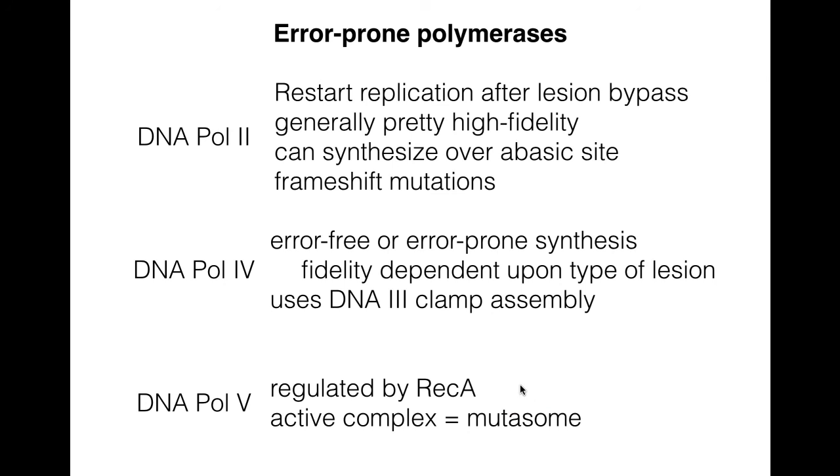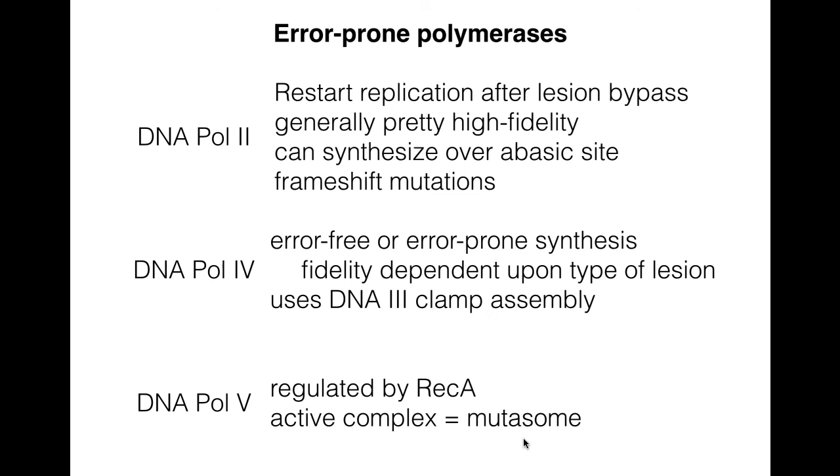And finally, we've got DNA polymerase 5, which is directly regulated by RecA, as we showed before. It's not only that its transcription is regulated by RecA and LexA, as in DNA polymerase 4 and 2, but RecA is going to play a role in the actual activation of the DNA polymerase 5 complex, which is called the mutasome. And the mutasome is a multi-part protein.